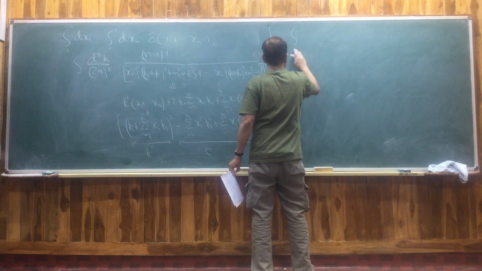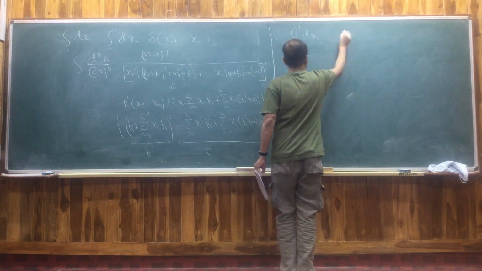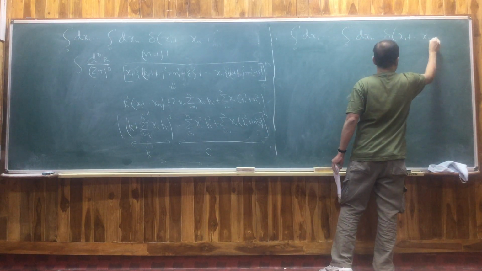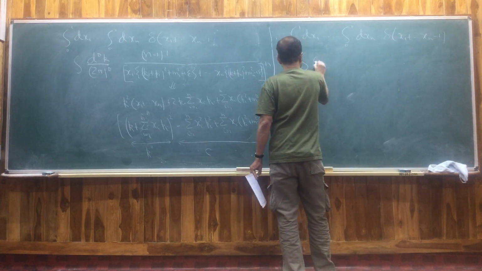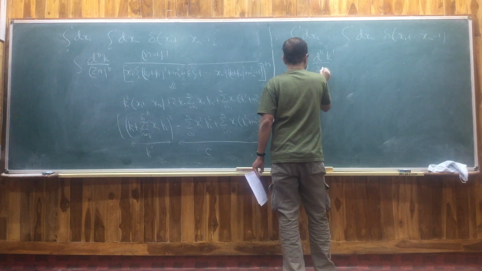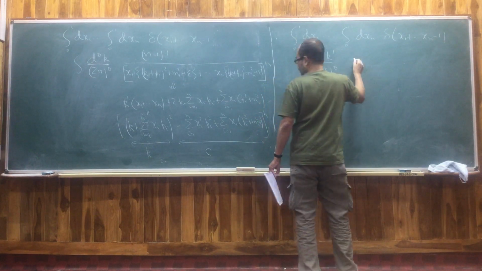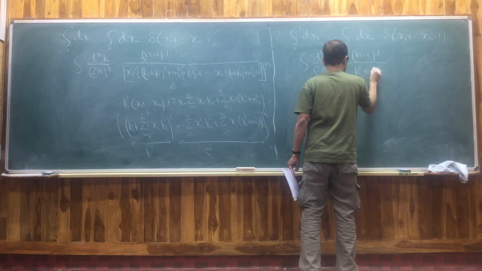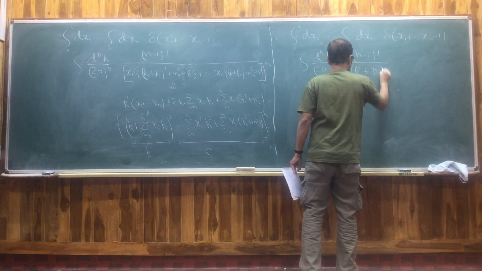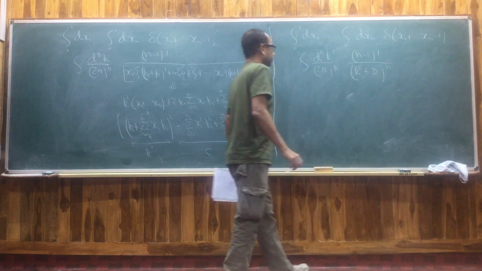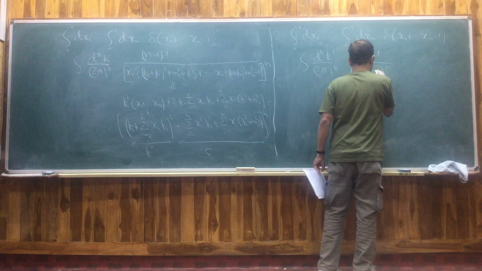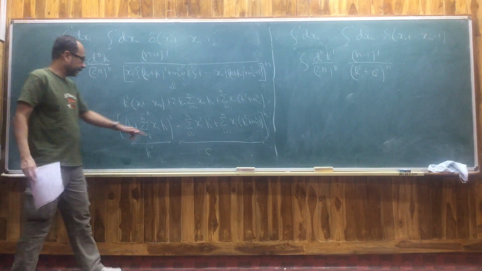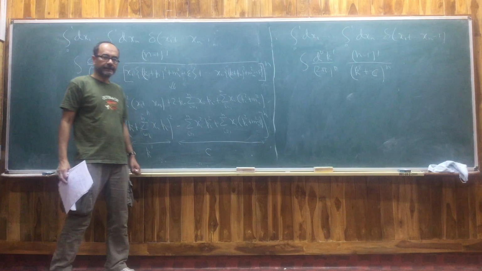as the integral from 0 to 1 of dx1 up to dxn times delta, and so on. This whole thing we are calling C. This of course is a function of the xi's.